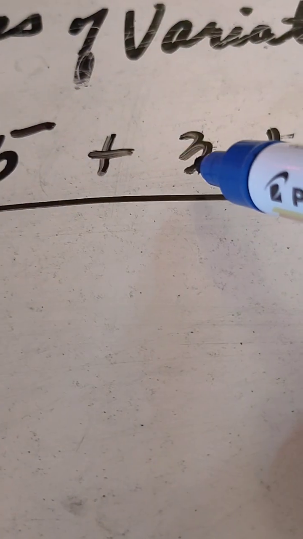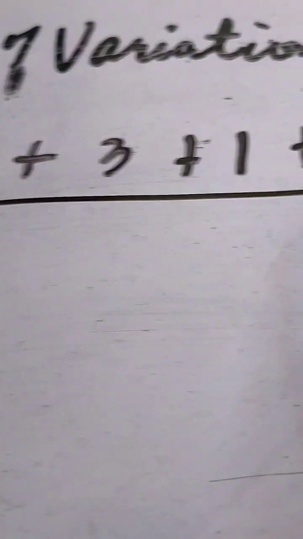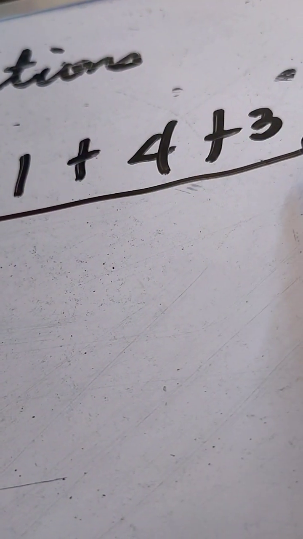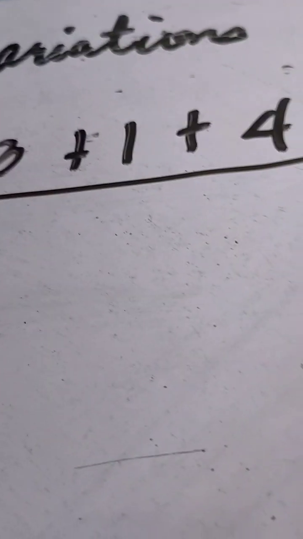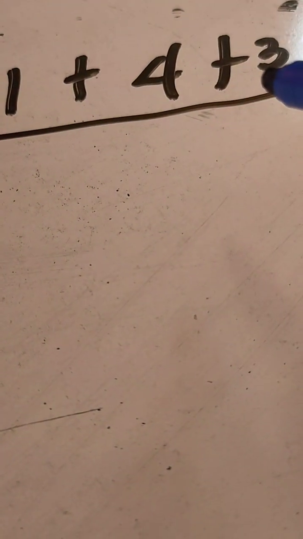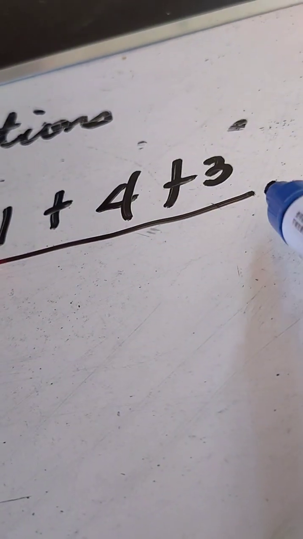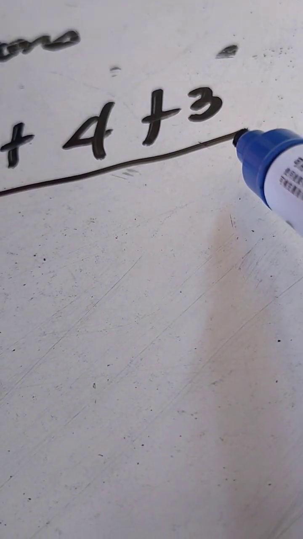Getting the sum, 5 plus 3 is 8, plus 1, 9, plus 4, 13, plus 3 is equal to 16.